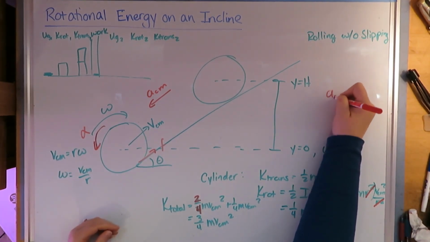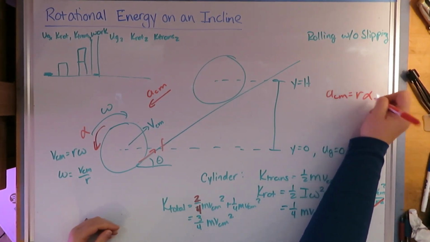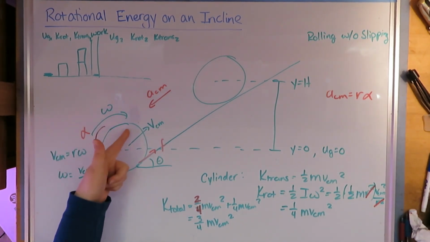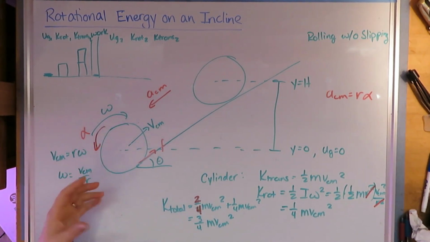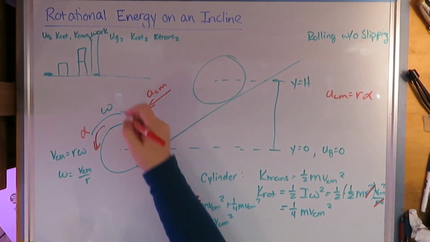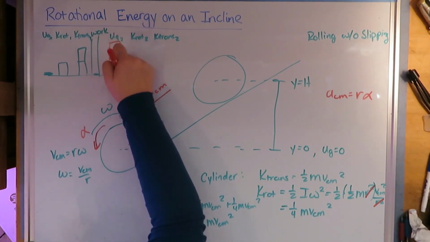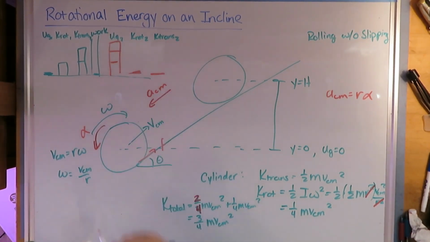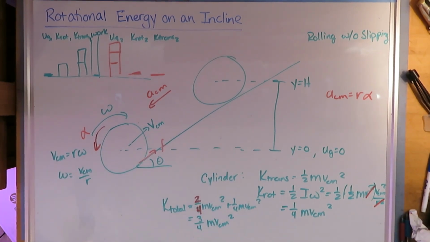Remember, the acceleration of the center of mass is r alpha. So you have that same relationship, but that's going to be downward. So our linear velocity is also going to slow down. So basically, when it reaches the top, there is no linear or rotational speed. That means whatever energy we had at the start is now all in potential energy, because both our translational and our rotational kinetic energy are zero.